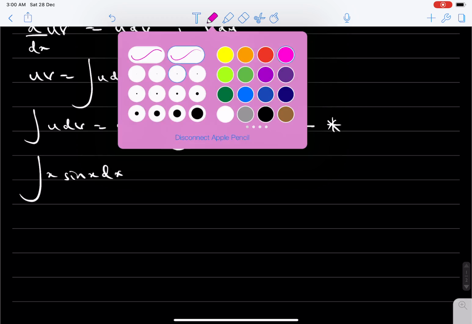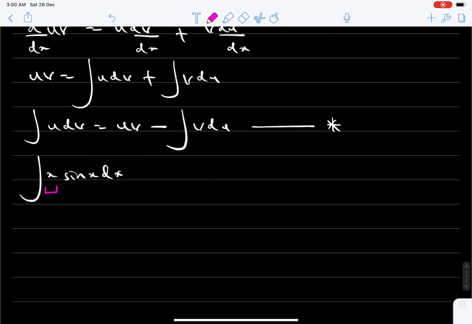So here I'm choosing x as u, and the rest of the product will be dv. So that means my integral will be u, which is x, times v.